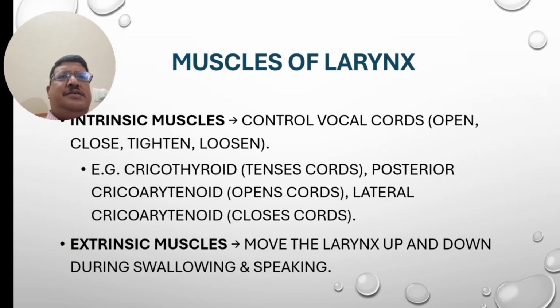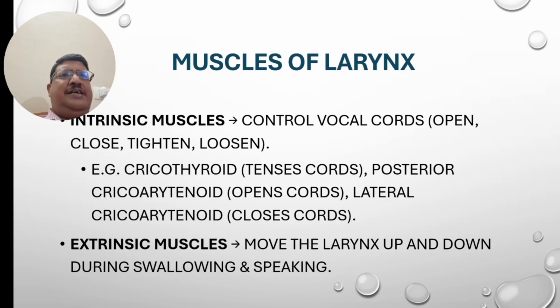Muscles of the larynx: intrinsic muscles control the vocal cords, opening, closing, tightening, or loosening them. Examples: cricothyroid, tenses the cords; posterior cricoarytenoid, opens the cords; lateral cricoarytenoid, closes the cords. Extrinsic muscles move the larynx up and down during swallowing and speaking.